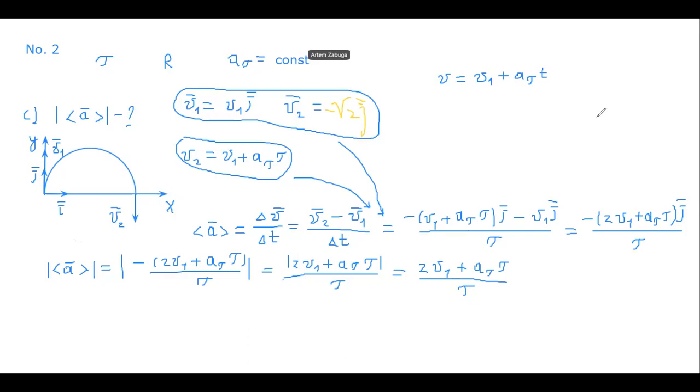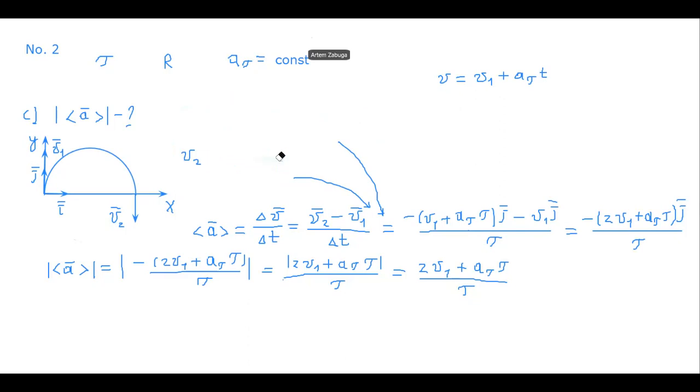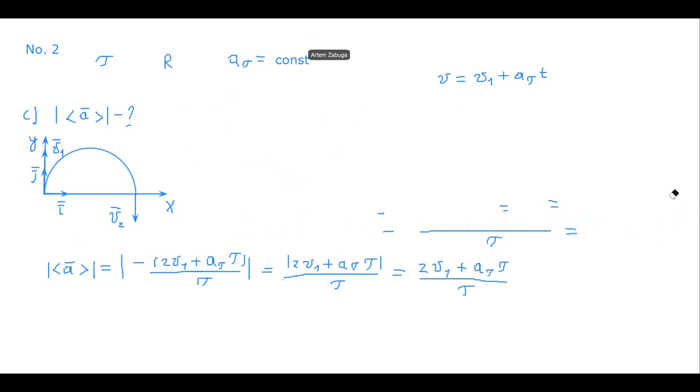We will need this, and we found it a few minutes ago. Okay, and this is not necessary now. I can clean this.